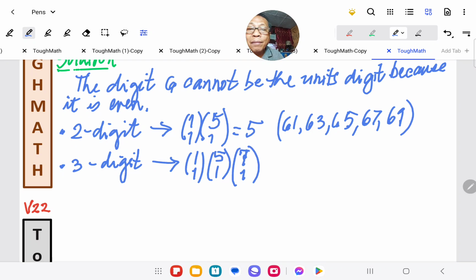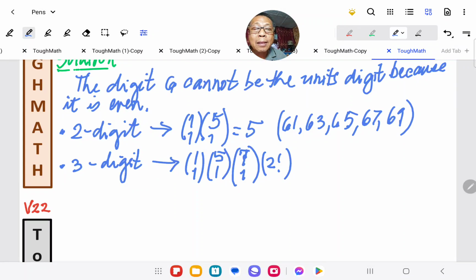However, the 6 and the other digit can be switched, so we have to put 2 factorial there.